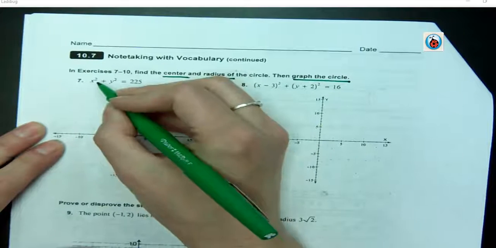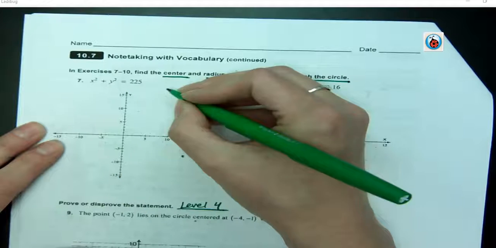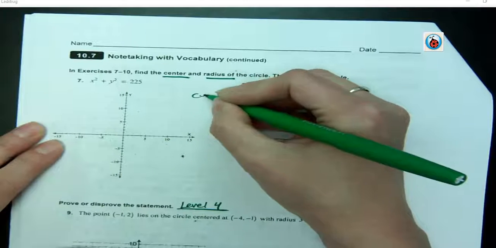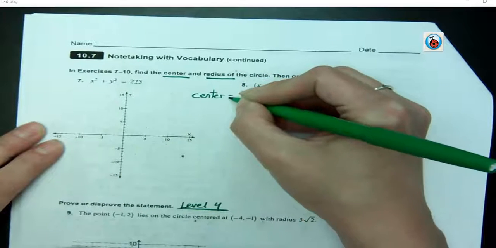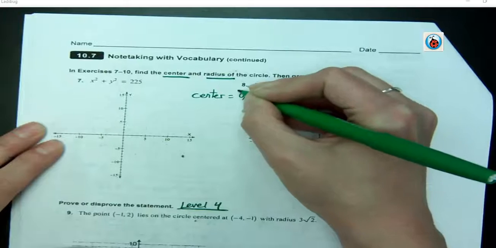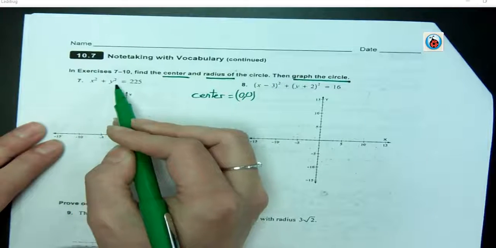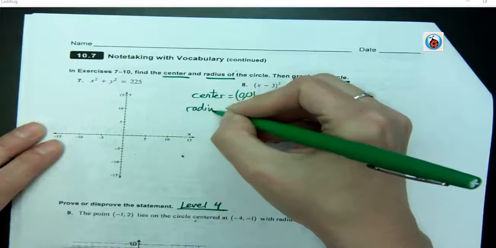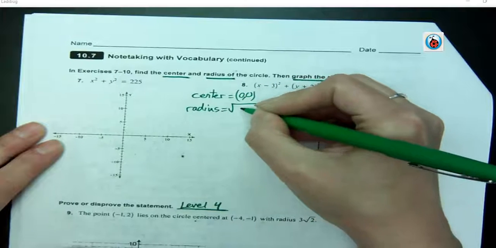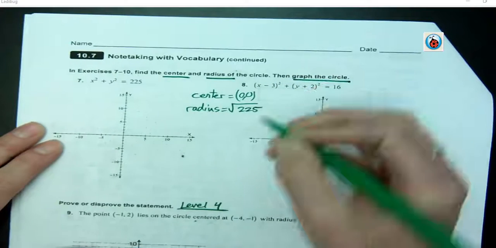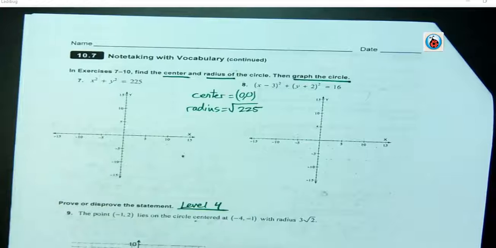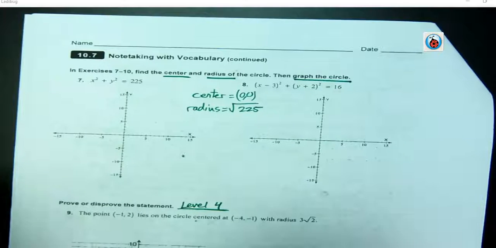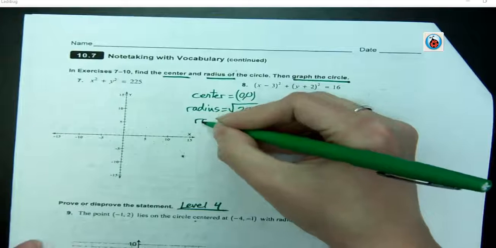Okay, so my center is whatever is along with the x and y. So here my center would be 0, 0, because there's nothing with the x or the y. My radius is going to equal the square root of 225, which equals 15.